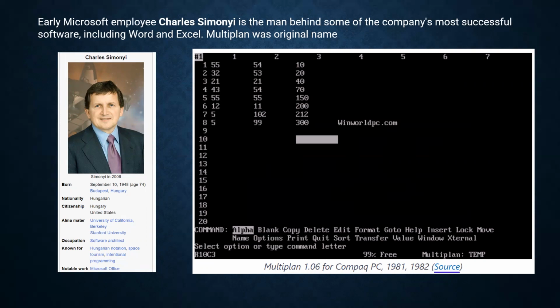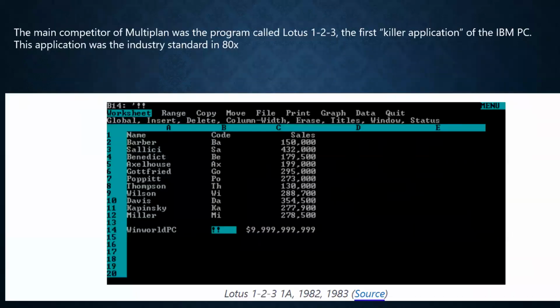The original name of the tool was Multiplan, and it had a black and white screen, like you see on this page. The main competitor of Multiplan at the time was the program called Lotus 123, the killer application of IBM computers. Lotus was the industry standard in the '80s, a dominant application for spreadsheets.